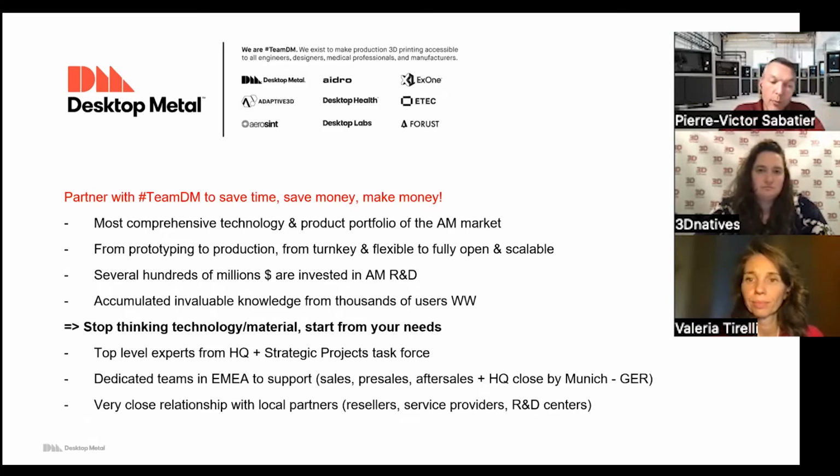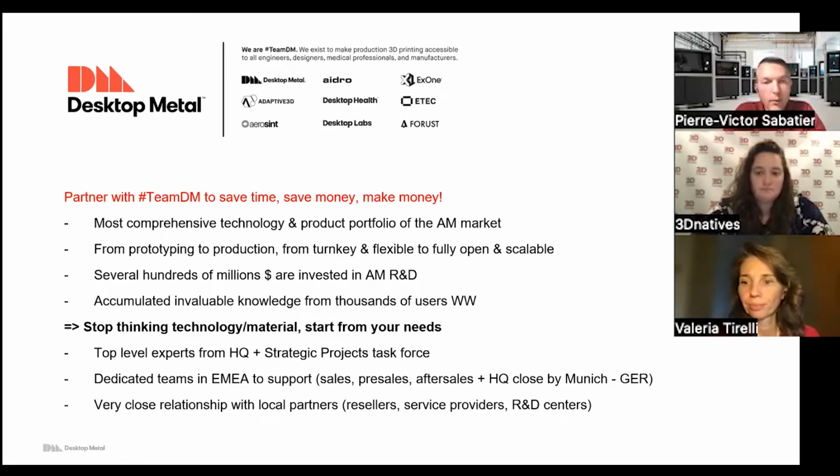And the proposal from us will not be aluminum, but maybe redesigned parts in stainless steel, or even maybe a wood part that can be used as a jig or fixture. So I think at Desktop Metal we try to stay very open-minded. We now use all the assets we have in what we call Team DM, the Desktop Metal Group.